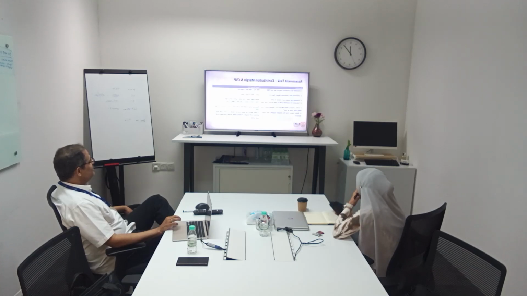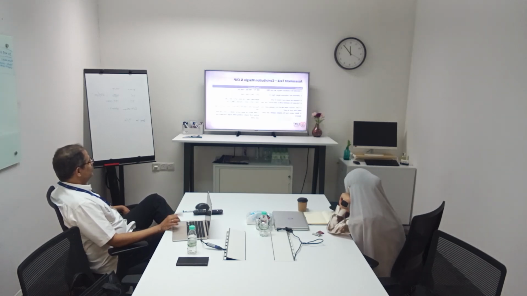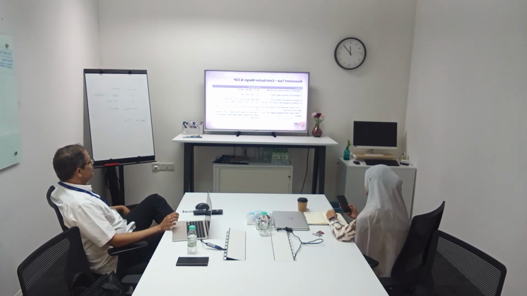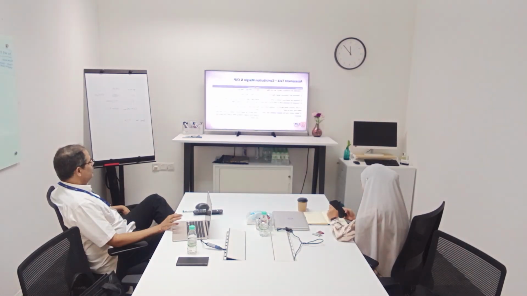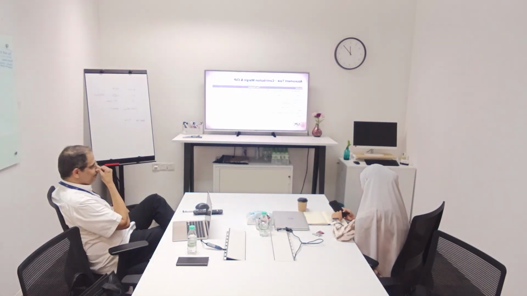Okay, number 4. What is your expected profit or loss at the 600 units? So profit, contribution 270 times 600, minus fixed cost. So 27,000, is it?